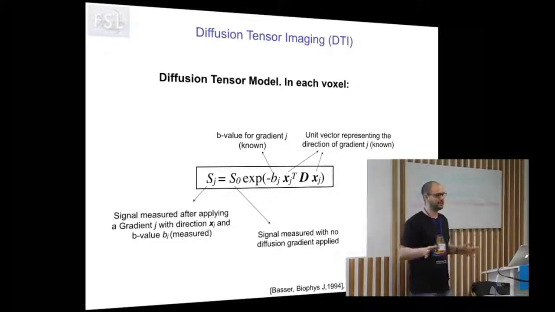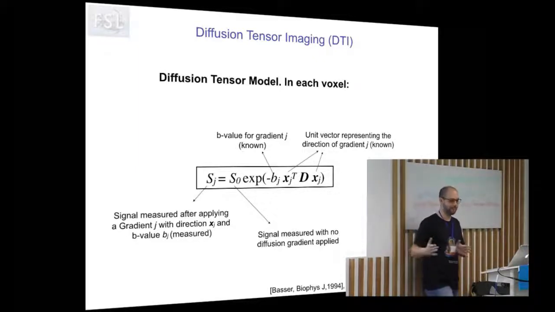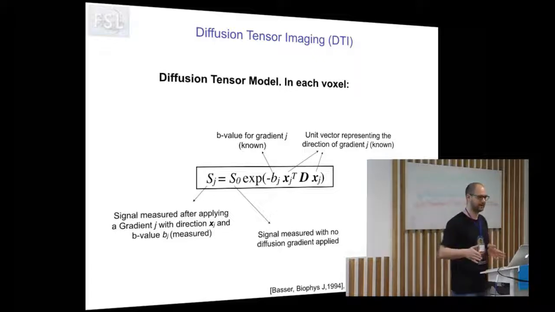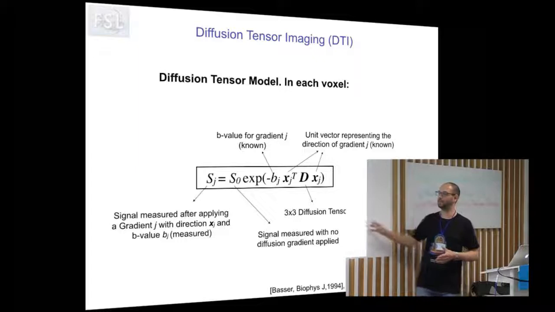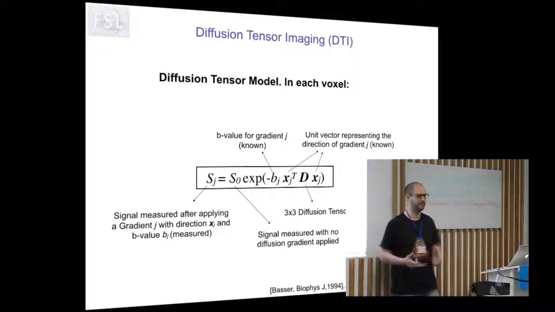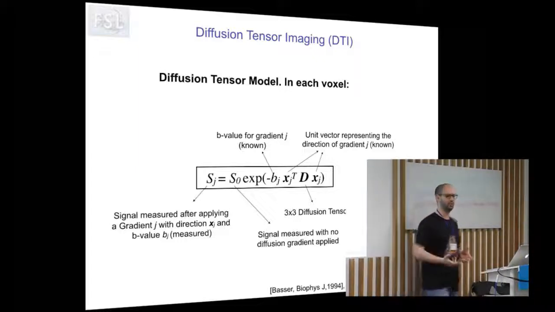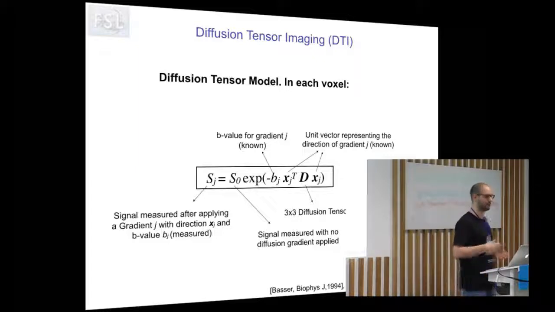So all of these parameters are known to you, by definition, by you sitting behind the scanner and setting it up that way. Now, what you don't know is the actual 3x3 diffusion tensor. This is what we're trying to estimate here. This is what we're trying to put into each and every spatial location.